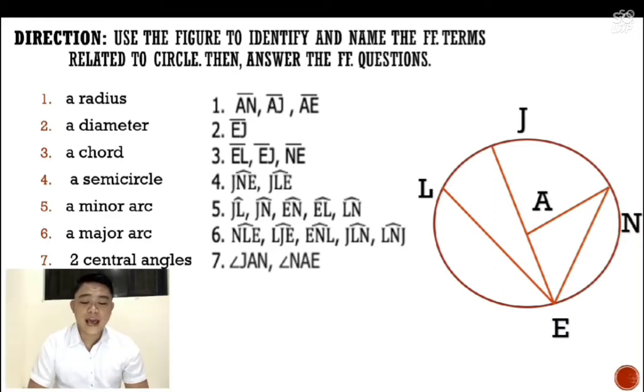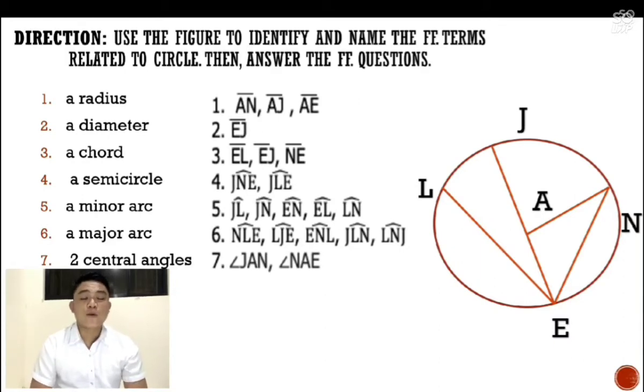Number 4, we have two semicircles: semicircle GNE and GLE. And number 5, a minor arc. We have 5 minor arcs: JL, JN, EN, EL, and LN.